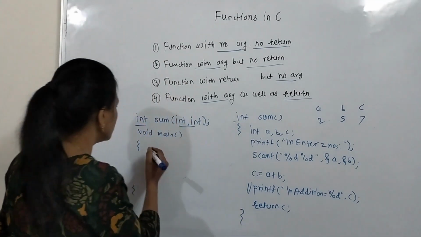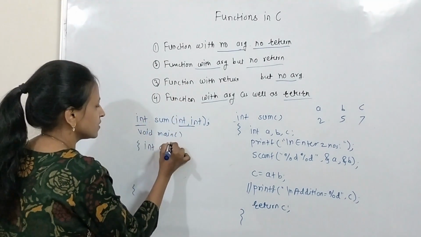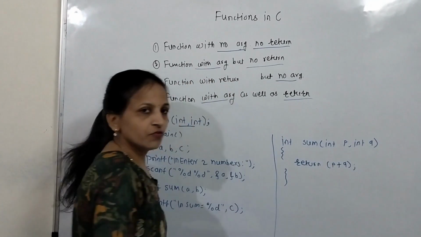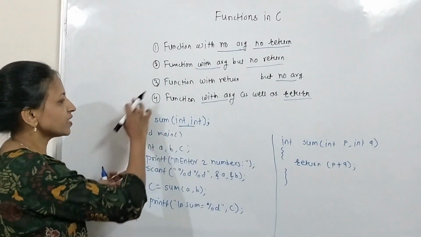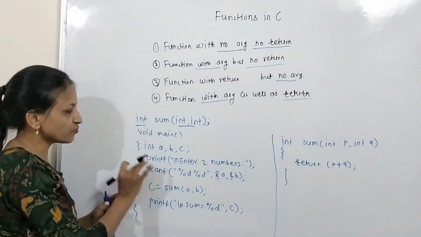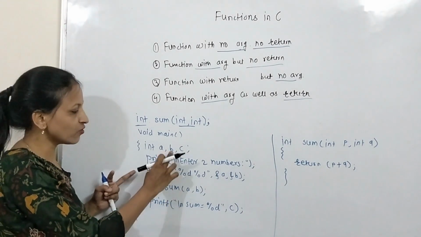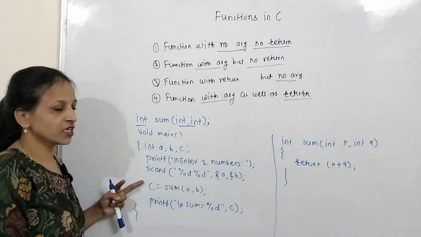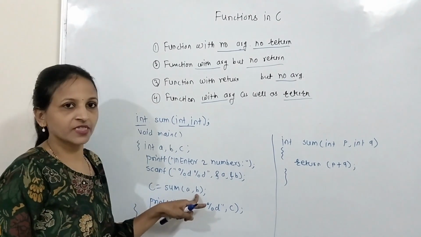How? See here, we will declare those three variables. Now see what we have done: we have to pass arguments to that function as well as return. That's why whatever arguments we want to pass, we have accepted from the user in main only, and we are just passing those arguments a and b.